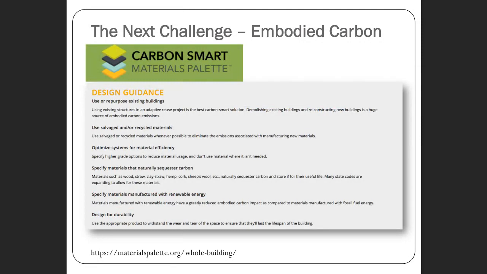Sorry for the small print here. I kind of swiped this off of someone else's presentation, but they're all the things that we just talked about, right? All the things we just talked about from a standpoint of reducing material usage, and using salvaged or recycled materials.